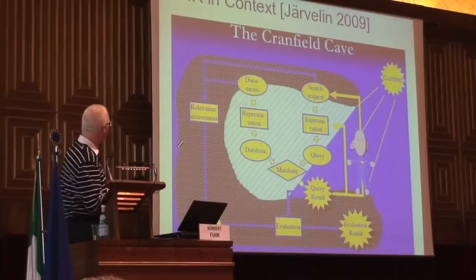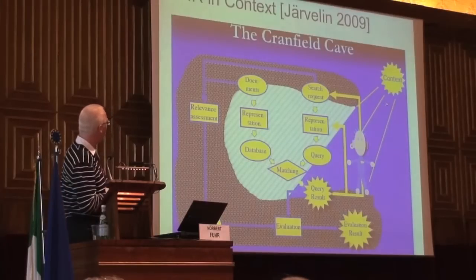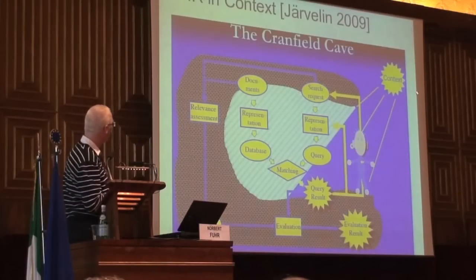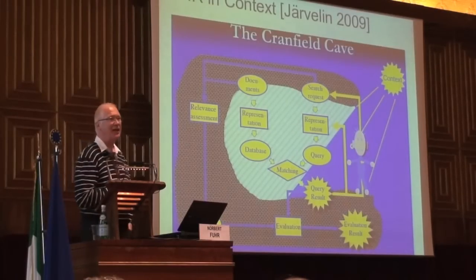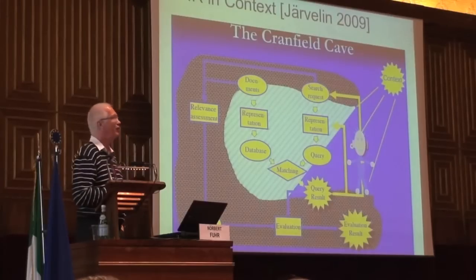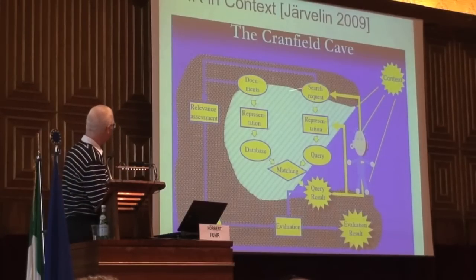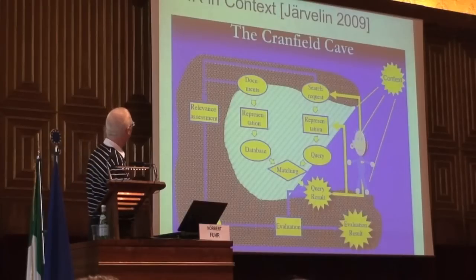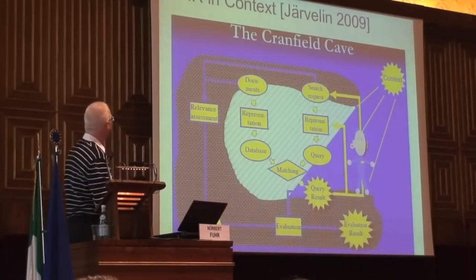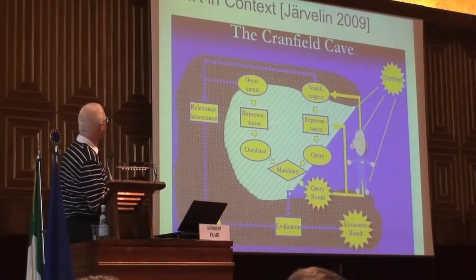So here we have the traditional Cranfield point of view. From the wider point of view, we have a user working in a context trying to solve some task, but the system-oriented studies, instead, live in a cave, what Kal called the Cranfield cave. So they do not consider the user at all.